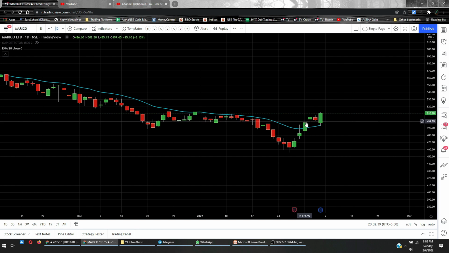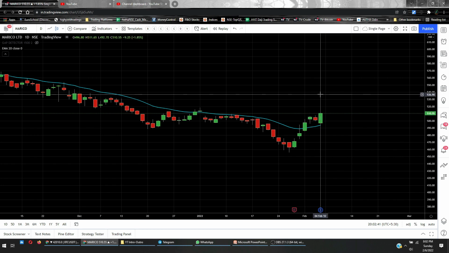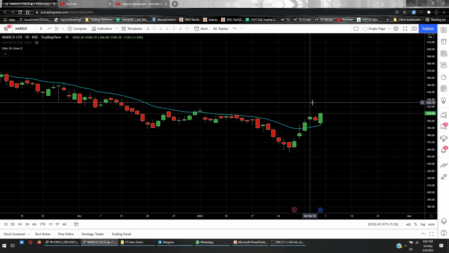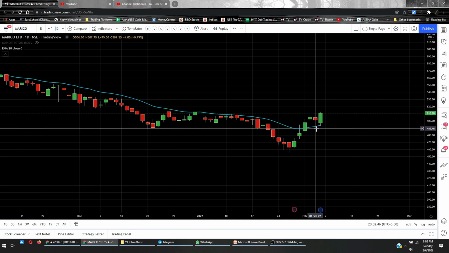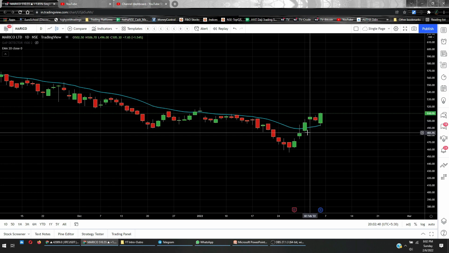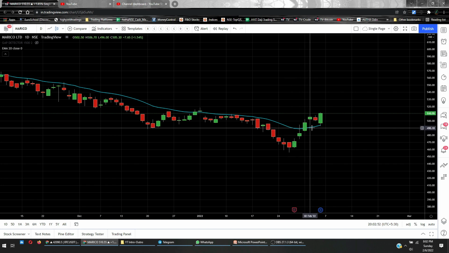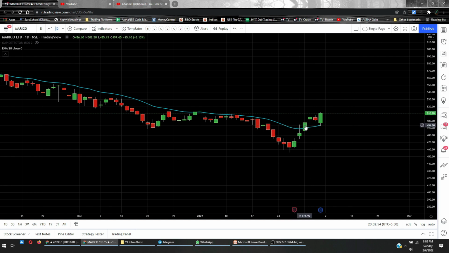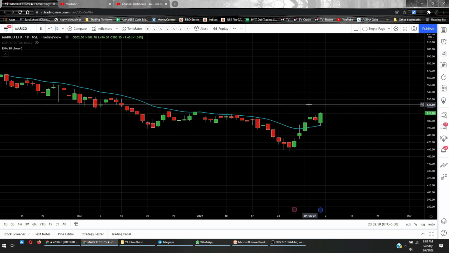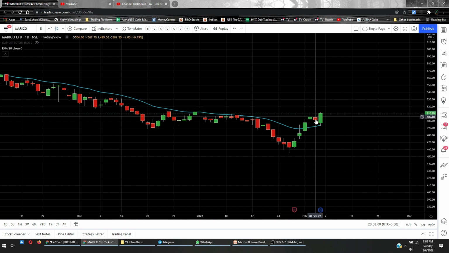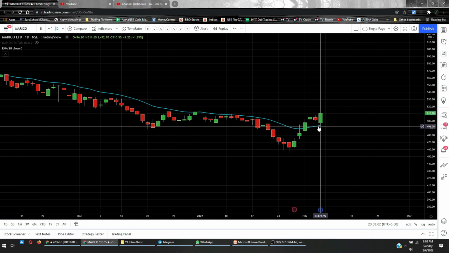You need to allow it to go up further, and then allow it to come down towards the support level. The 20 EMA, which was working as a resistance, has now become a support after this breakout. So you need to allow the script to go up, and then come down towards the support level.